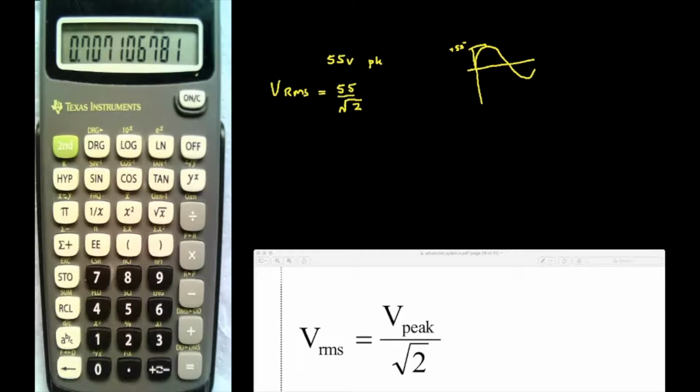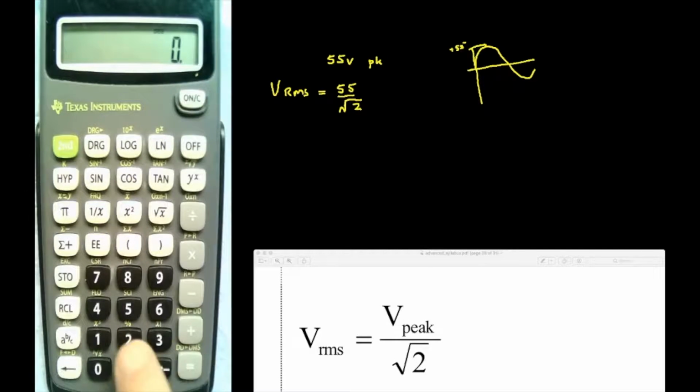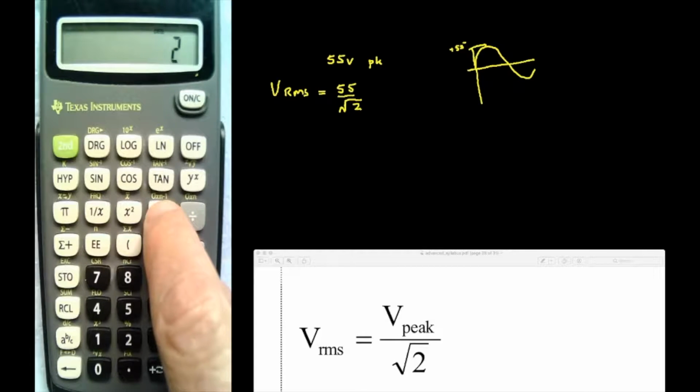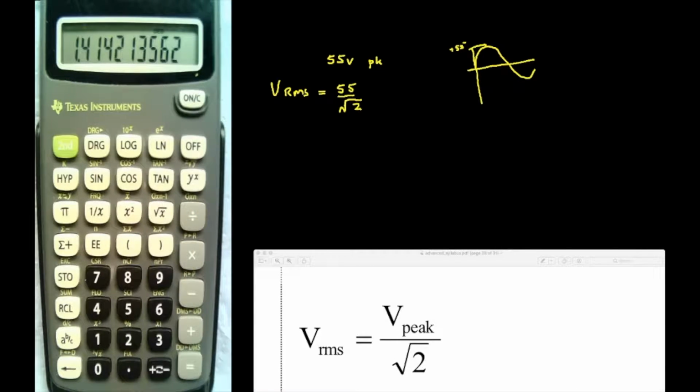Where you've got terms that need sorting out with the function keys, it's sometimes easier to address those first. So we can press the clear key and do 2, square root, that's the way I would do it, divided by 55.